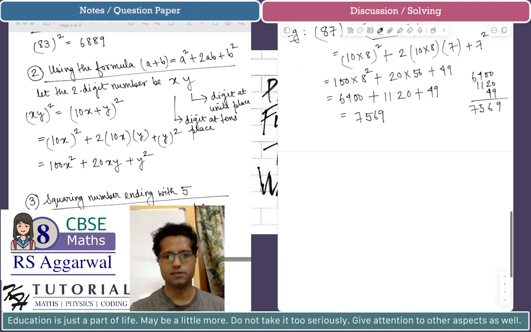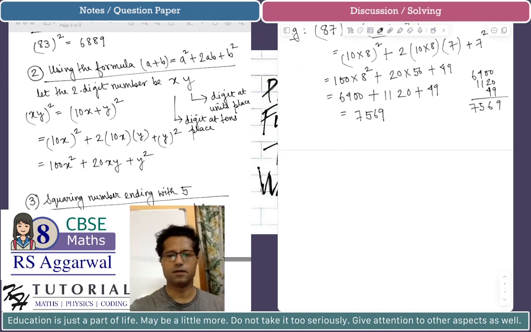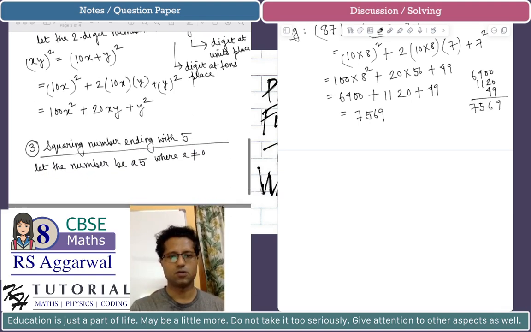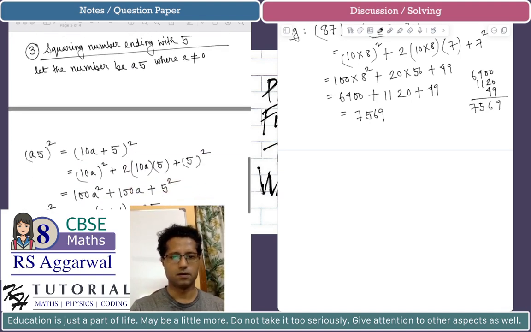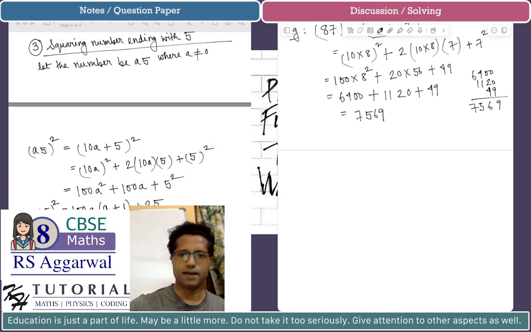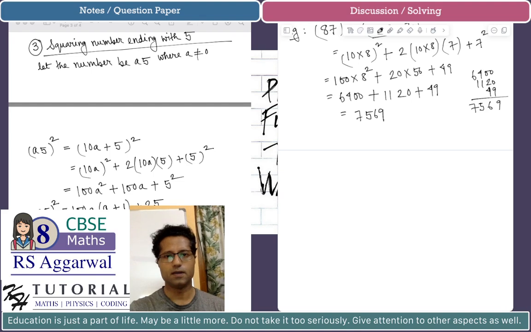Method 3 is a special case: if you are given a number that ends with the digit 5, then this concept will work. So the idea is that you are given any number ending with the digit 5.